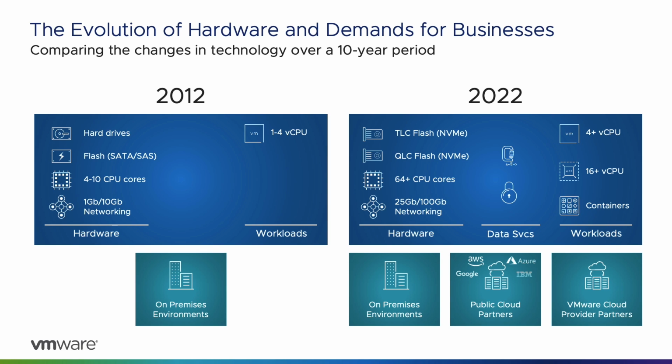Workloads in these environments are commonly comprised of sophisticated multi-tier applications powered by large resource-intensive VMs and containers. These environments are often using data services such as encryption and space efficiency features to meet ever-increasing levels of compliance and value. And finally, the demanding workloads of today can be found running not only in the core on-premises data center, but the edge and in the cloud through offerings such as VMware Cloud on AWS, Azure VMware Solutions, and many more.